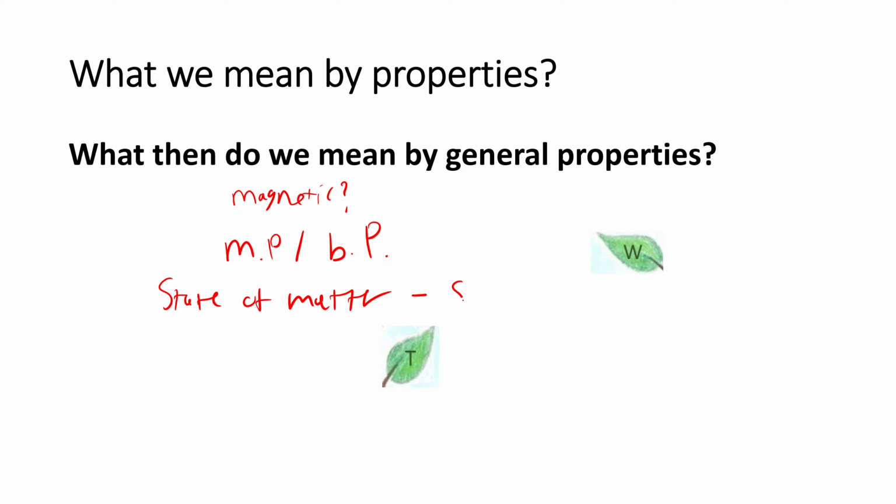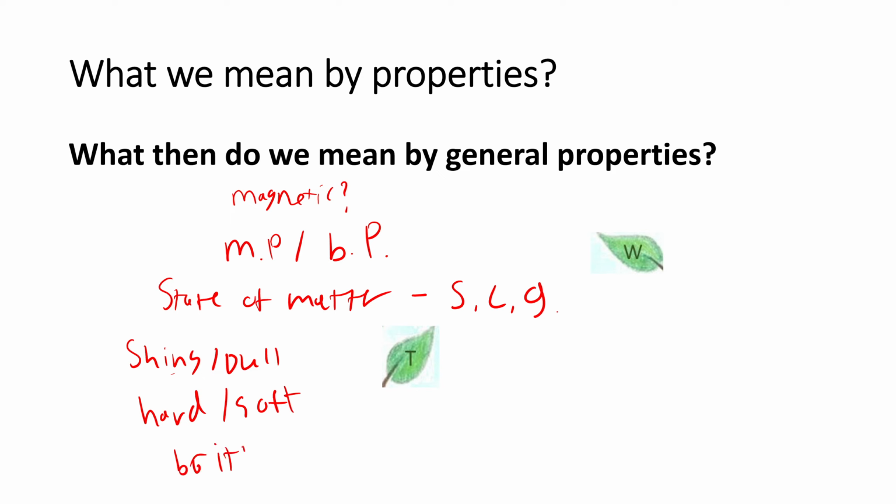That means, is it a solid, a liquid, or a gas? Is it shiny or dull? Is it hard? Is it soft? What about being brittle or bendy? And the correct term for bendy is malleable.